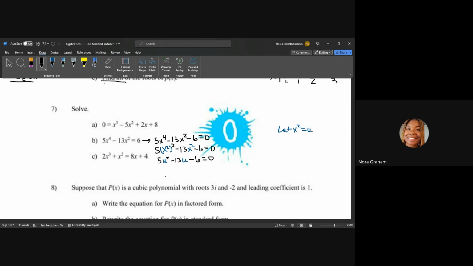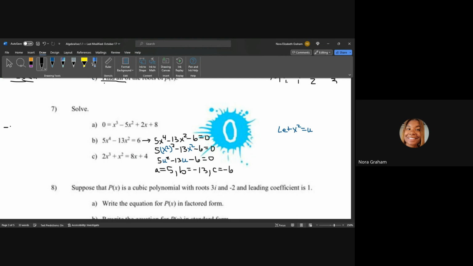So again, I wrote the quadratic formula up there. If you need to see it again, pause the video or rewind and see it. So I have A equals 5, my B equals negative 13, and then my C equals negative 6. Right? So I plug this into my quadratic formula.